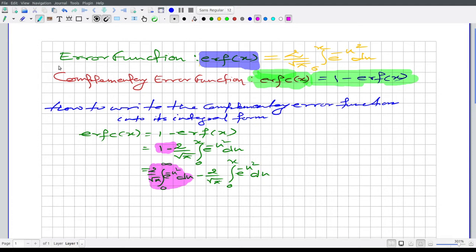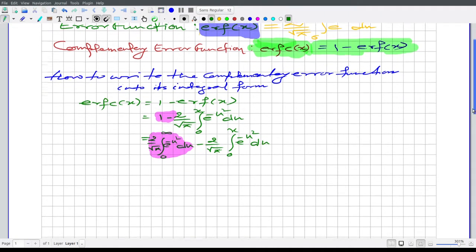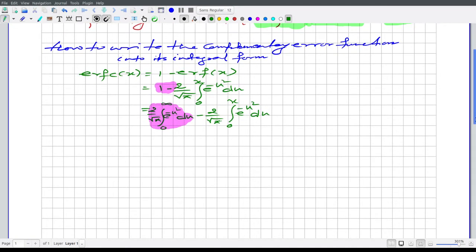Okay, so before that I have to do some mathematics for this.